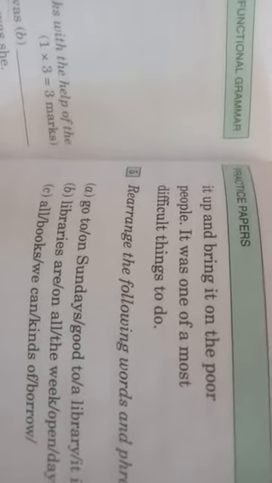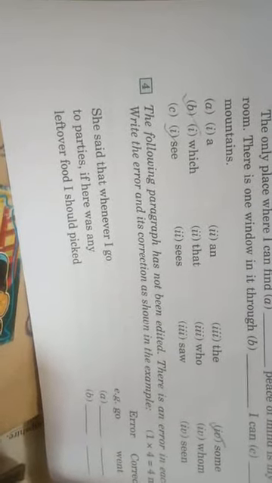It was one of most difficult things to do. Now let's solve it. So she said that whenever I go has been corrected with went. To parties, if here has been used for party, it's a far place there, so that is why if there would be in place of here.